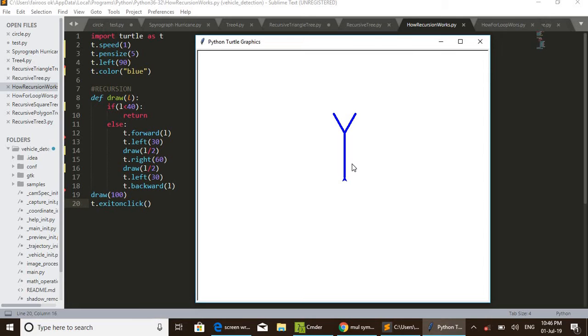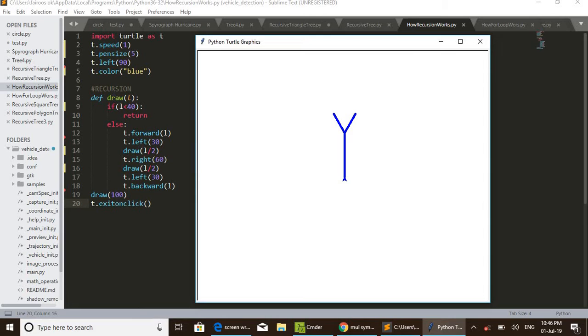Here I am explaining it very simply to understand what is recursion, what is happening in a recursive procedure or a recursive function. Actually in a recursive function, inside a function it calls the same function.